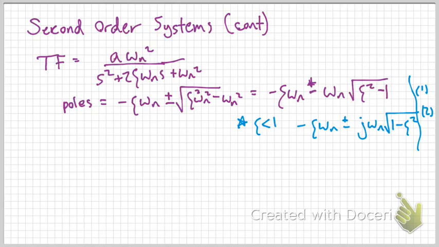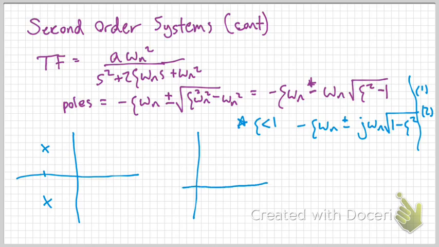So if we have a system and we find out that our poles give us real and imaginary components, then the response to a step function would be a system that oscillates and eventually reaches equilibrium.